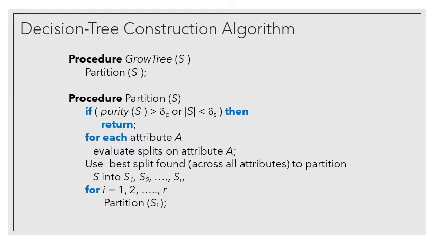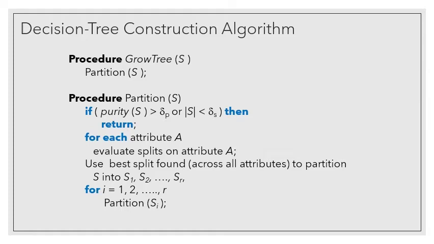Else, for each attribute A, evaluate splits on attribute A. Use the best split found across all the attributes to partition S into S1, S2, etc. to SR. For i equal to 1 to R, Partition(Si). So the function is recursive. It will continue until it is classified or no further classification is possible.